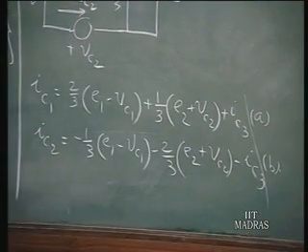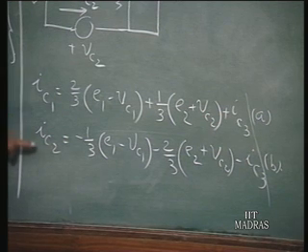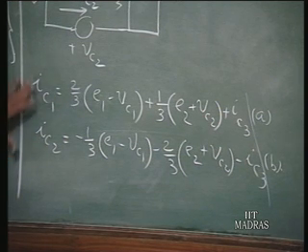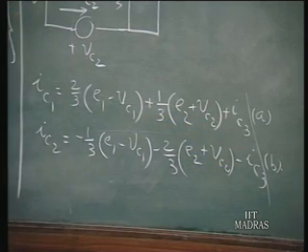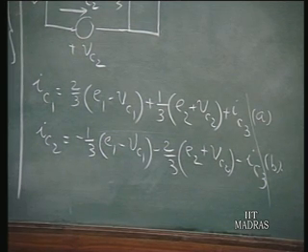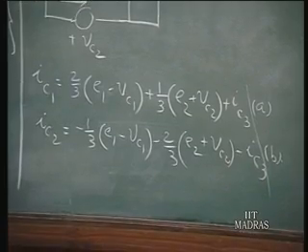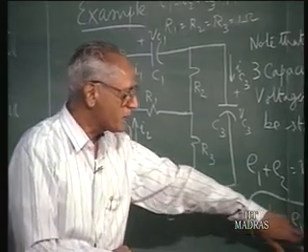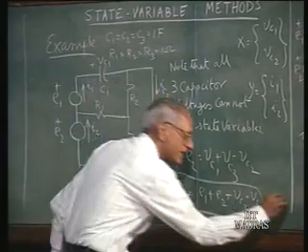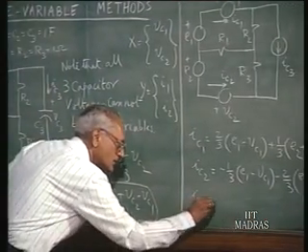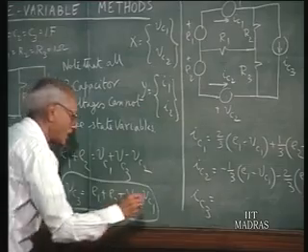Of course, IC1 is C1 times Vc1 dot and IC2 is C2 times Vc2 dot. Now we have a new quantity, IC3, which is extraneous and which we would like to get rid of. IC3 is equal to C3 times Vc3 dot, and we know Vc3 dot equals E1 dot plus E2 dot plus Vc2 dot minus Vc1 dot.